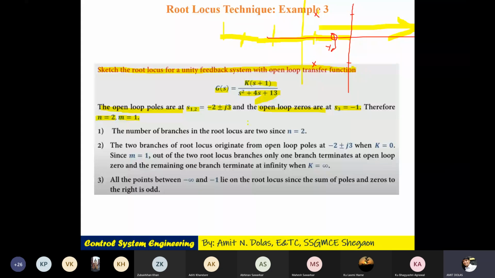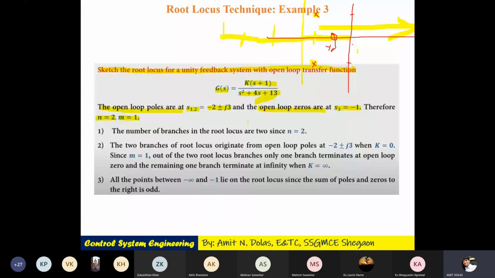Again, there is an odd number of poles and zeros. Therefore, on this line, starting from this zero towards minus infinity, this will be the complete root locus path.